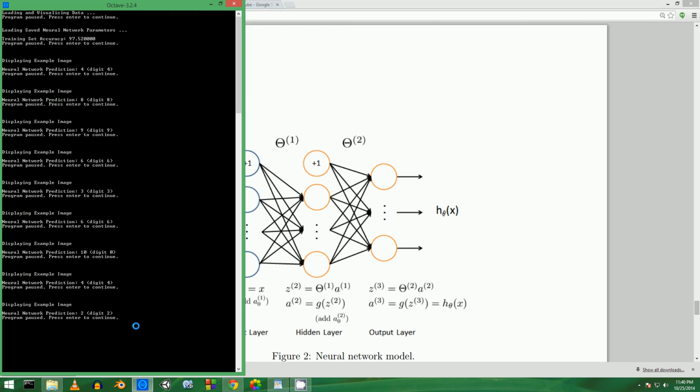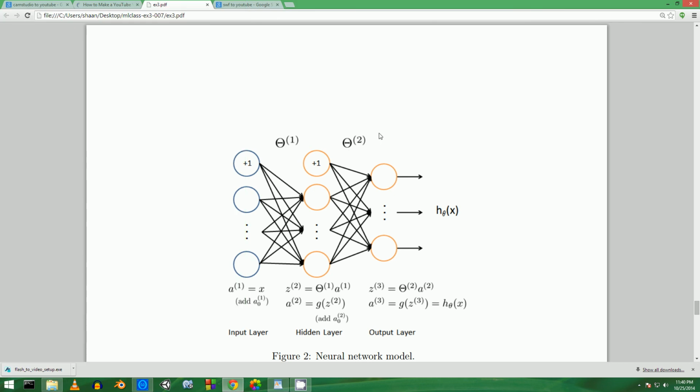For those of you who want to know the technical details of the algorithm, the number of inputs is around 5,000.